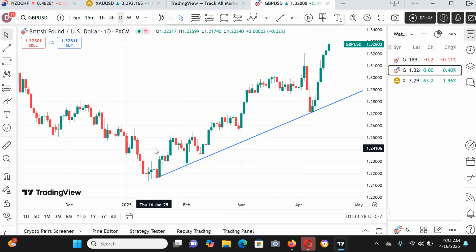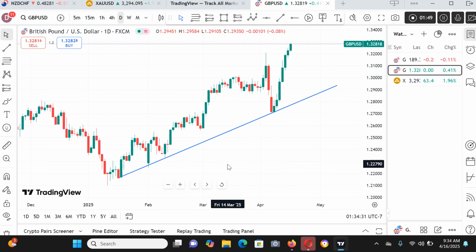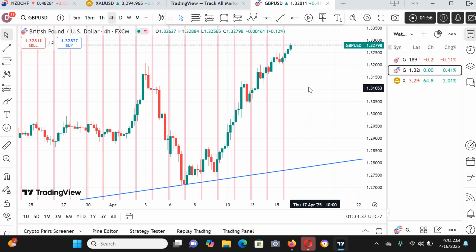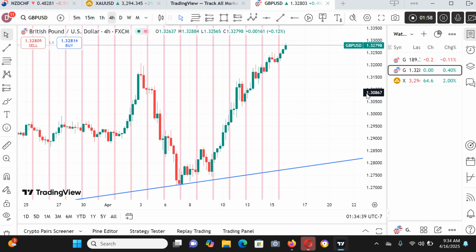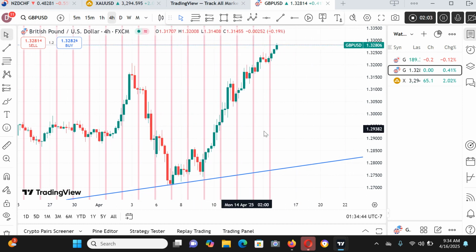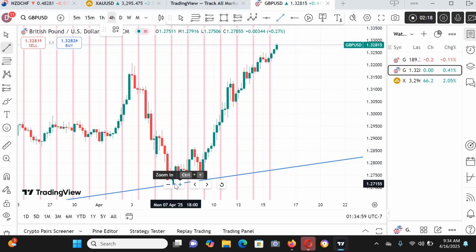So from the higher time frame, the daily, we are on an uptrend. Now we'll go to the 4 hour time frame. Remember, we are day traders, so we go to the 4 hour time frame to look for a place to draw another trend line. We do that to help us narrow our bias. We draw our trend line from the origin where the previous trend line has touched before.